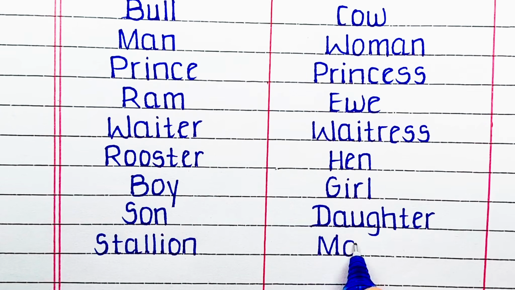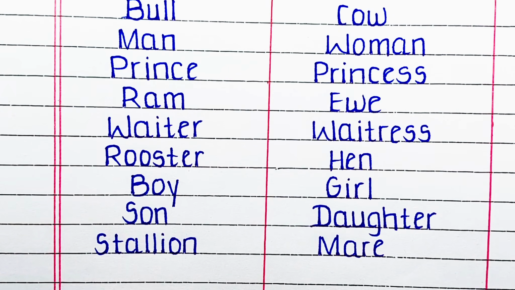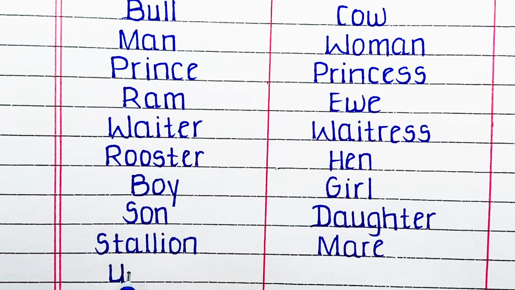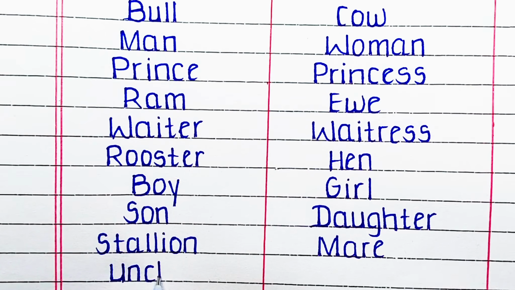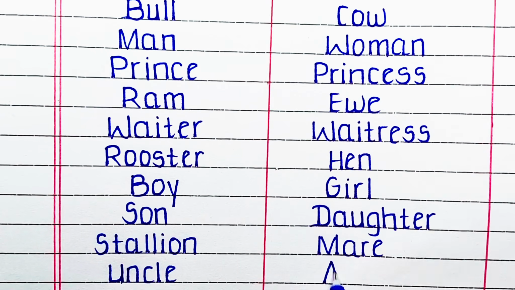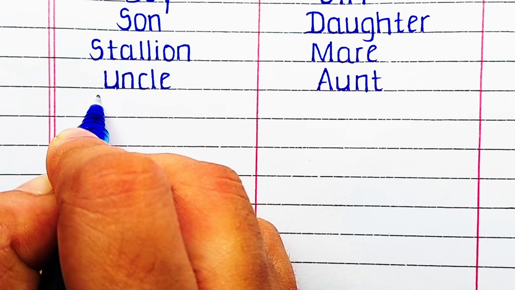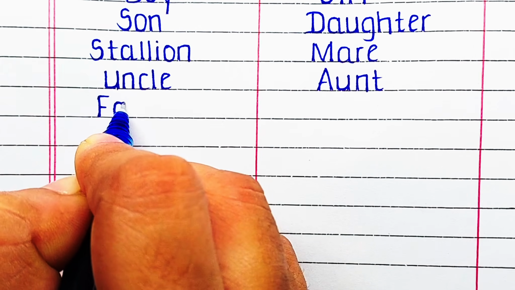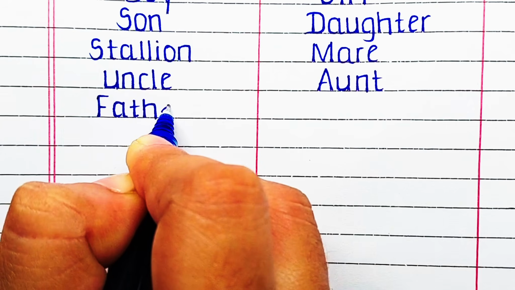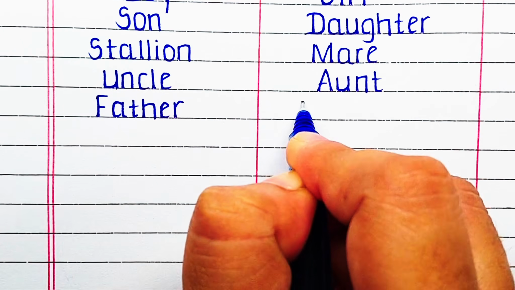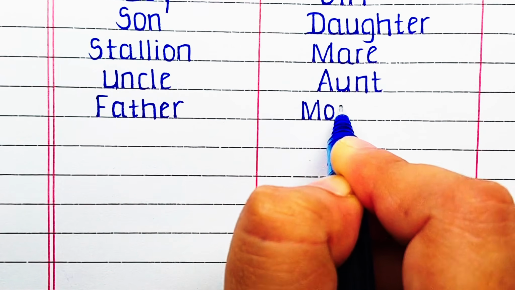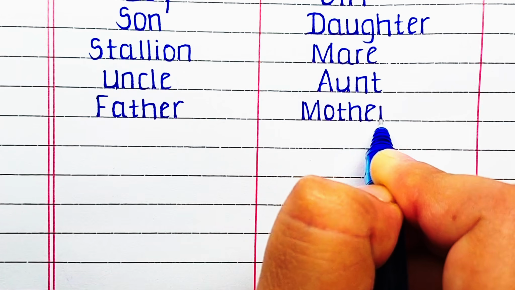Its feminine word is mare. Next is uncle. Its feminine word is aunt. Next is father. Its feminine word is mother.